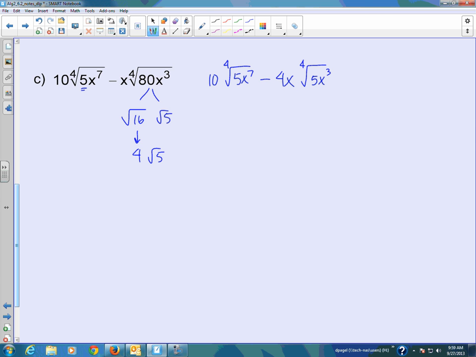Well, we still don't have what we need. My powers are different. So in this case, I see if I can somehow fix this. I do have the same fourth roots, but they just don't have the same radicand values.